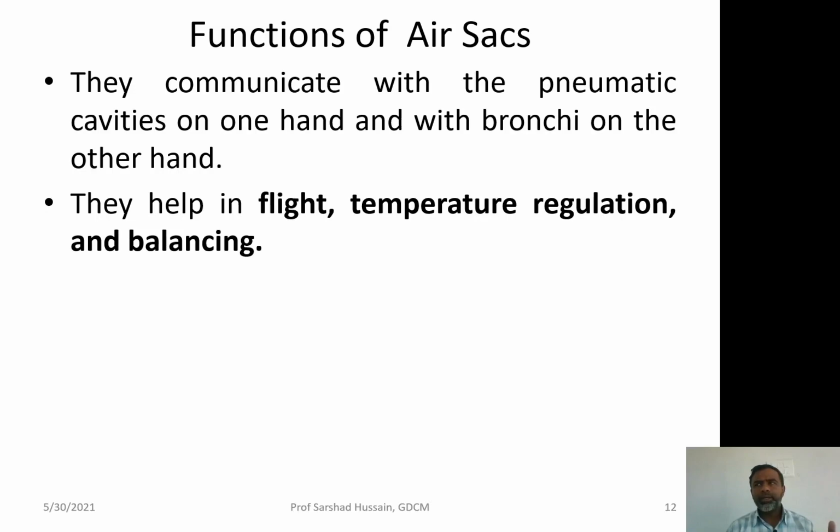So, in that way they can regulate the temperature. Anyhow, their regulation of the temperature is much more in case of the summer season, when the body gets heated enough, then the air inside the air sacs is blown out. As a result, the body heat is lost and the body becomes cool.